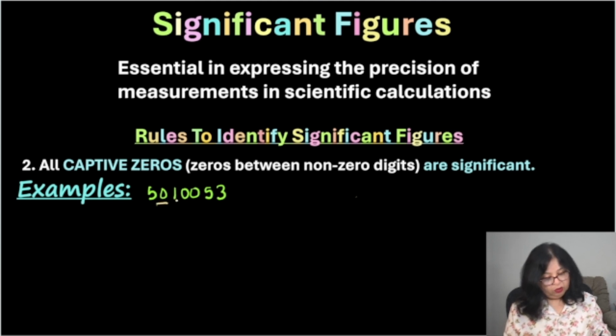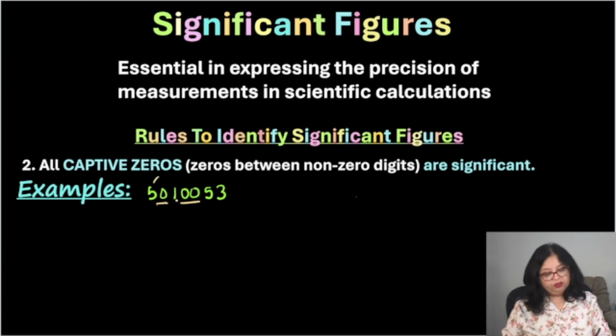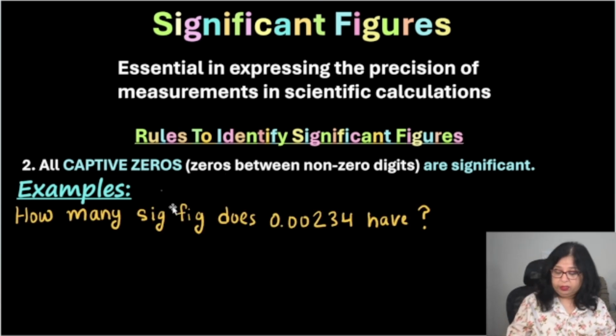So this zero and these two zeros are captive zeros because these are in between non-zero digits. So this number has 1, 2, 3, 4, 5, 6, 7 sig figs. Now you might ask why I'm drawing these lines over here. It just helps me keep track of the digits.